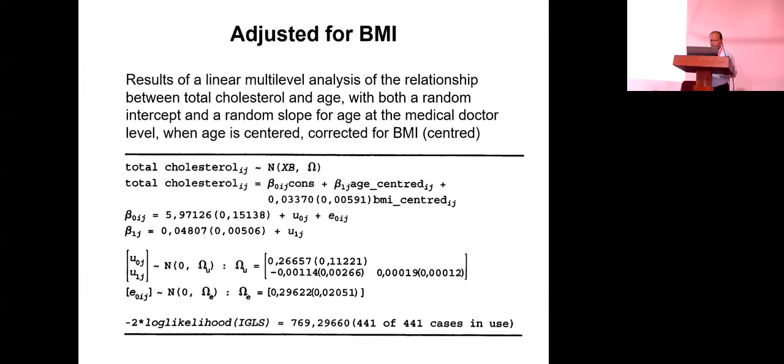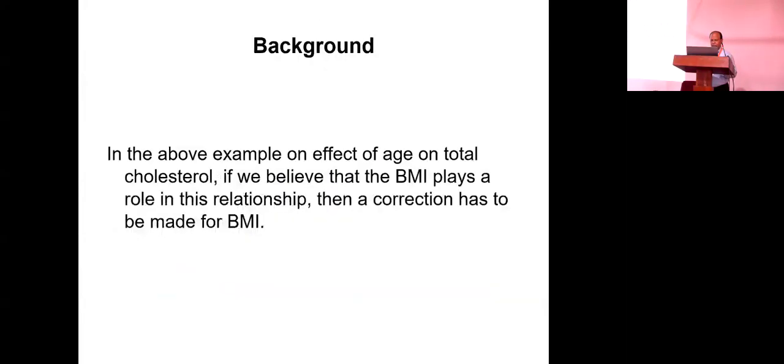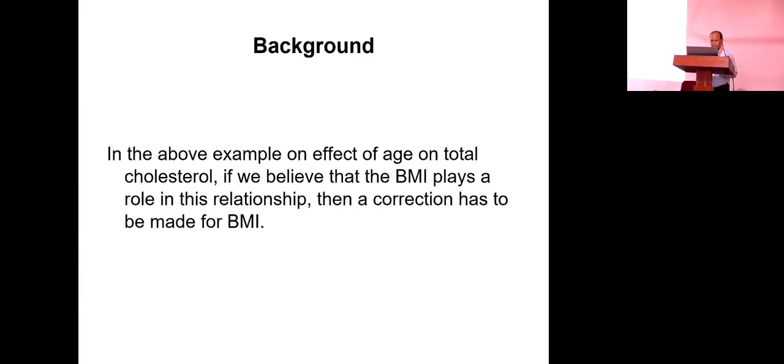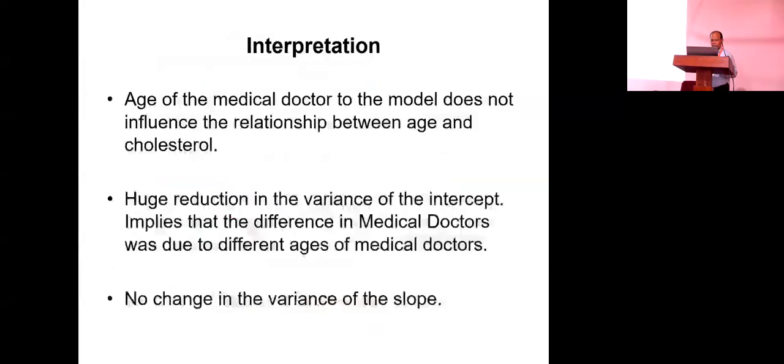That is a message that we wanted to convey to you. This is a huge reduction in the variance of the intercept. It implies that the difference among the medical doctors was due to different ages of medical doctors.